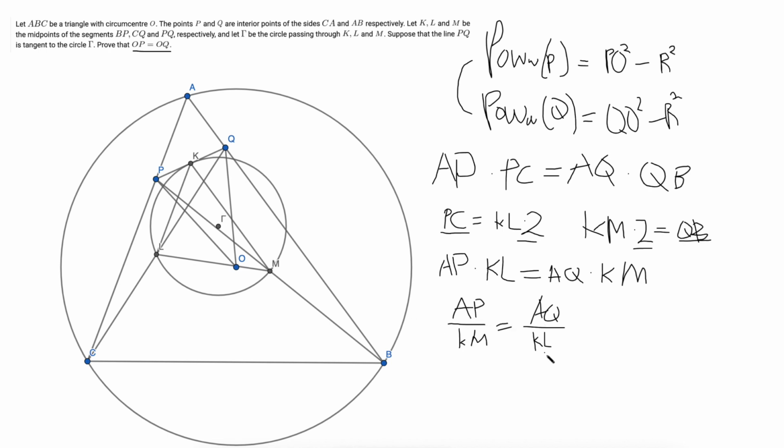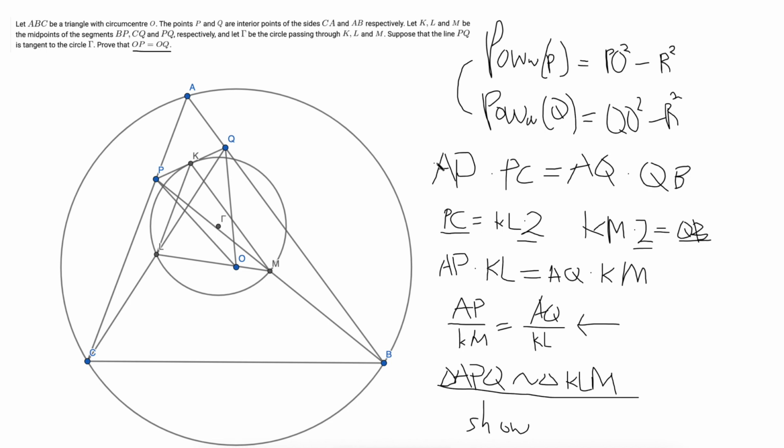These ratios right here tell us that in order for OP to equal OQ, the triangle APQ must be similar to triangle KLM because of the ratios that we obtained from this equation. Okay, so now all we have to do is to show that these triangles are similar.